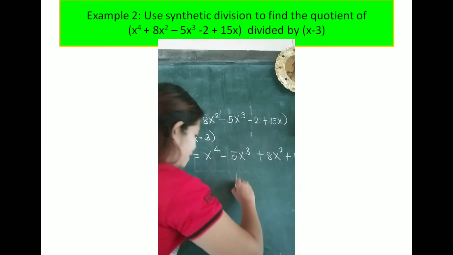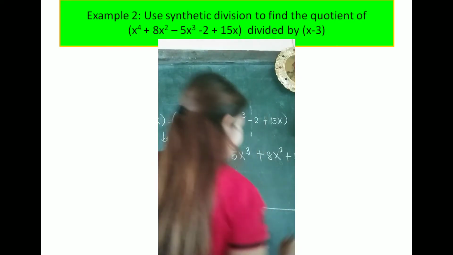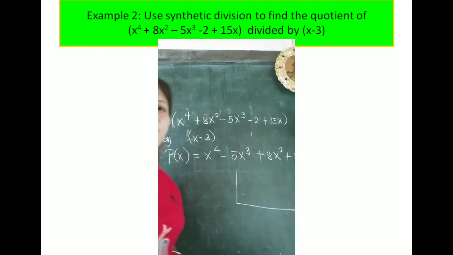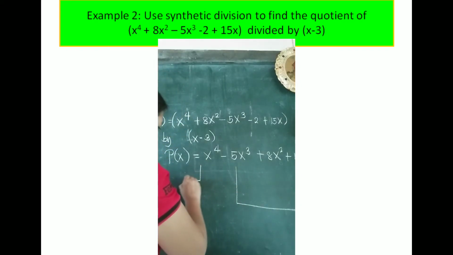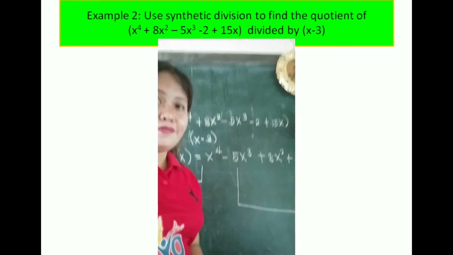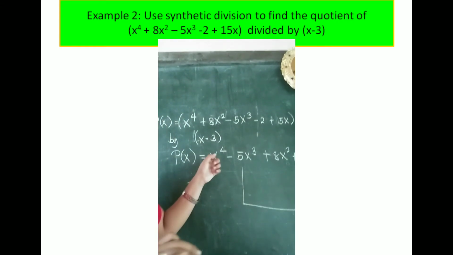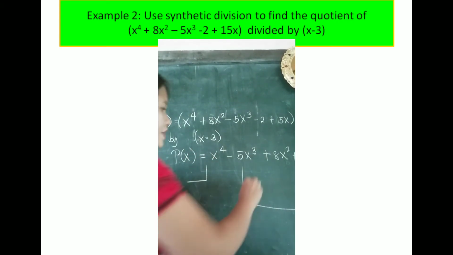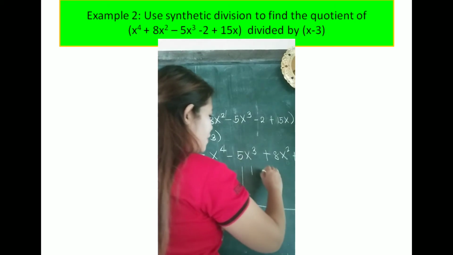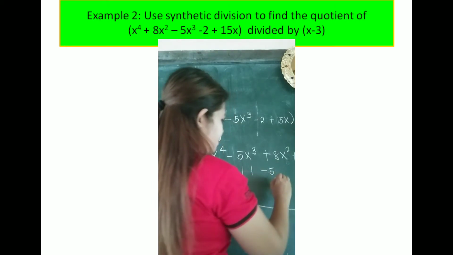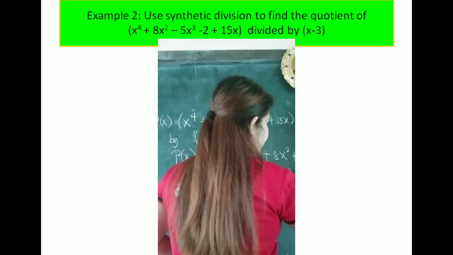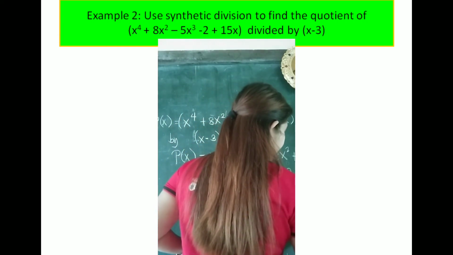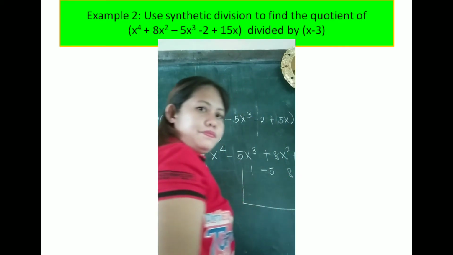So how to do this? Write the coefficients of your dividend here and your divisor in the upper left corner. Let us start first with your dividend: 1, followed by negative 5, followed by 8, followed by 15, followed by negative 2.